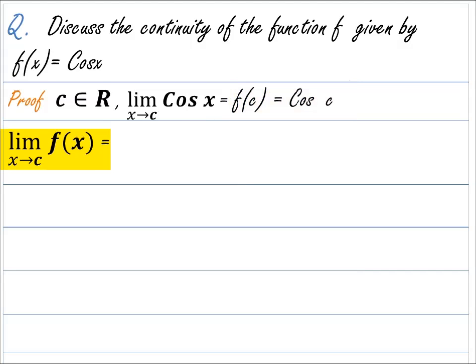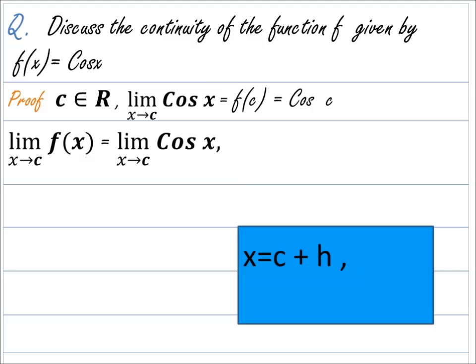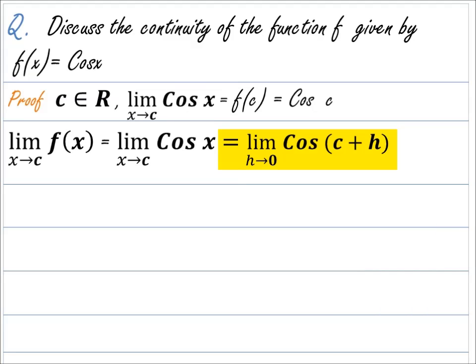Now the limit as x approaches c of f of x in this case is equal to the limit as x approaches c of cos of x. Now to simplify it, let x be equal to c plus h. Now when x approaches c, then h approaches 0. So now this limit can also be written as the limit as h approaches 0 of cos of c plus h.